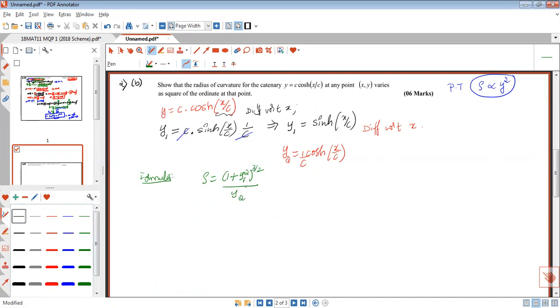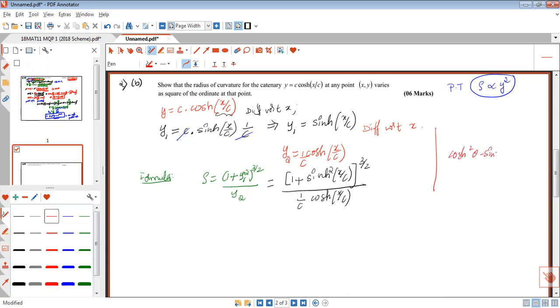Substitute: 1 plus y1 square, that is sin hyperbolic square x by c, to the power 3 by 2, divided by y2, which is 1 by c cos hyperbolic x by c. The hyperbolic identity is cos h square theta minus sin h square theta equals 1. So 1 plus sin h square theta will be cos h square theta.